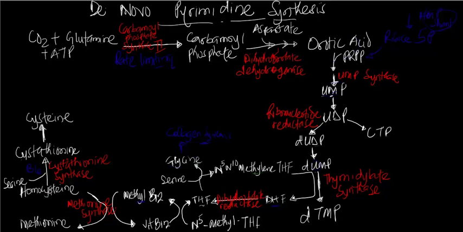And also the fate of homocysteine. Like I said, by donating methyl to homocysteine, we can form methionine. Homocysteine can also be converted to cystathionine by the help of cystathionine synthase. And then from there we're also going to form cysteine.